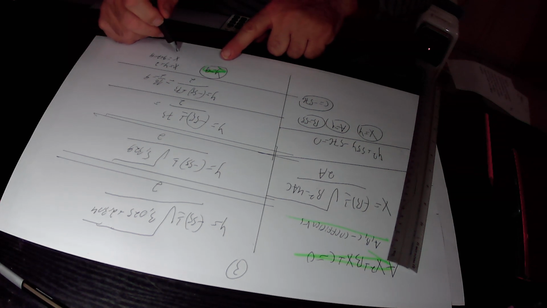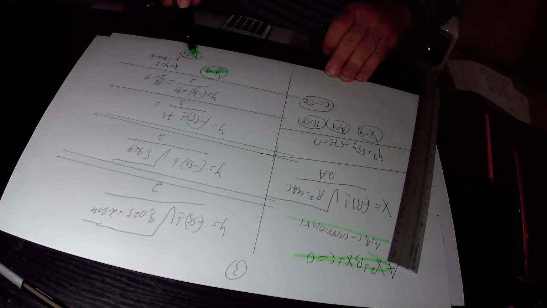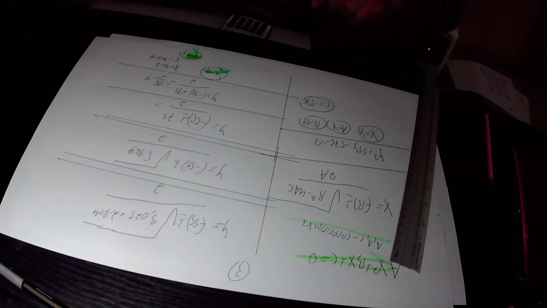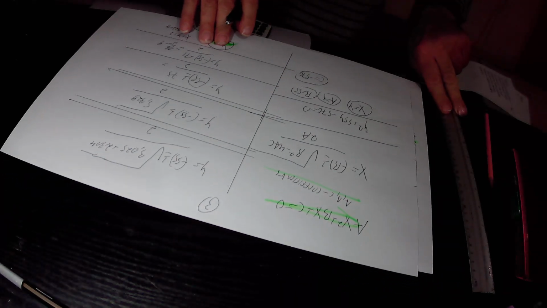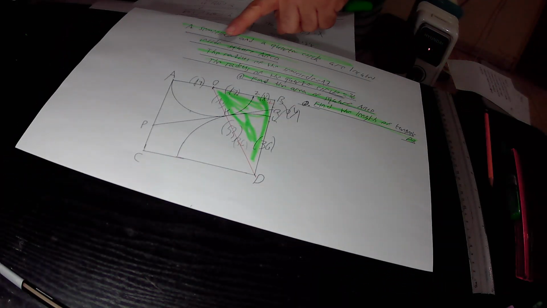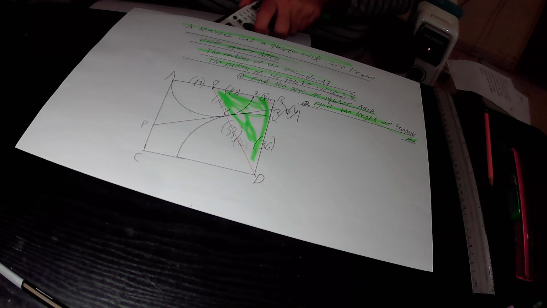So in total we found out that x equals to 11 units in its length and y equals to 9 units in its length. Our first mission is to find out the area of this square ABCD. That is our first task.